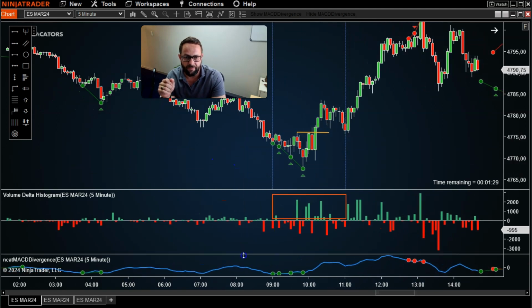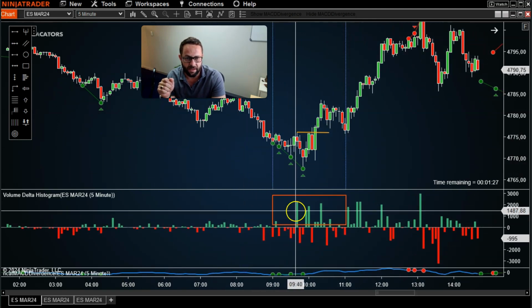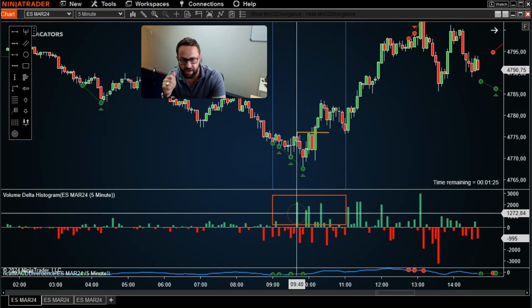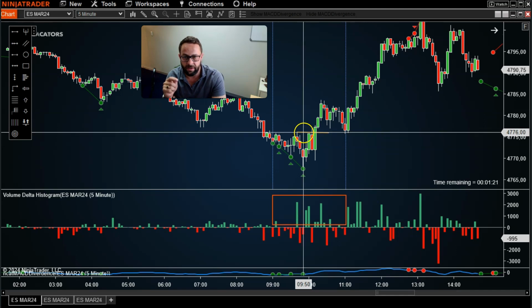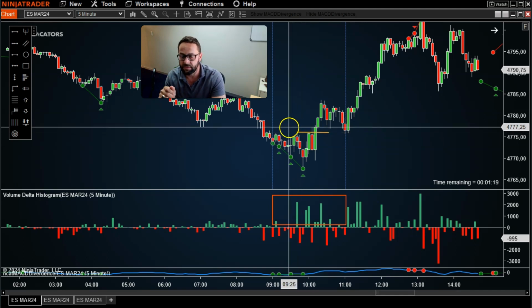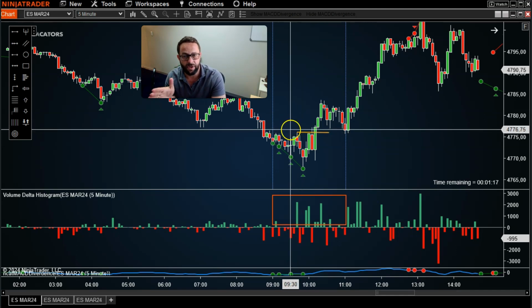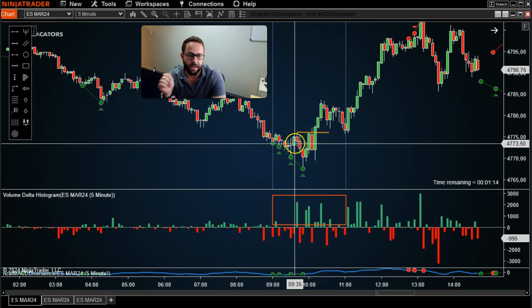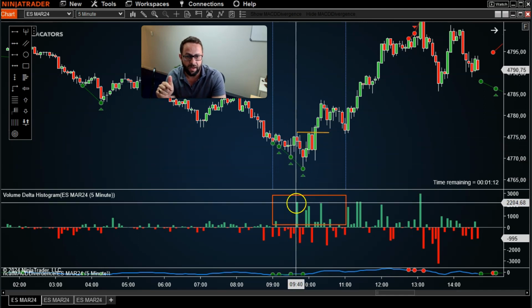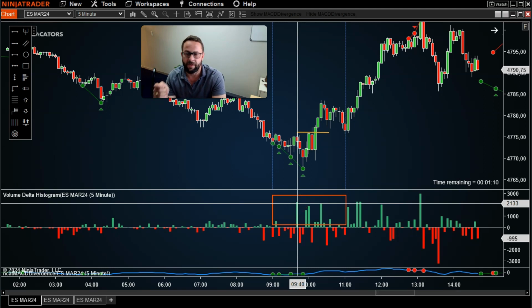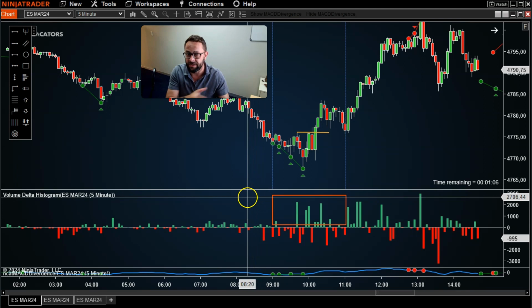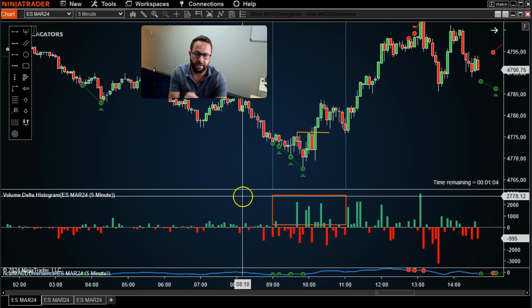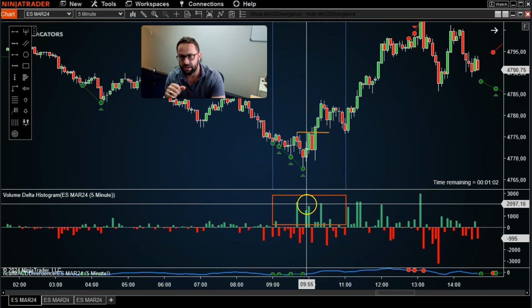The volume delta histogram was one of the drivers behind my decision making in this scenario. Knowing that I'm expecting a reversal, or a reversal that often occurs during this time frame, I waited for an indication from my volume delta histogram indicator showing me whether buyers are actually stepping into this market. And there was a clear indication that occurred.